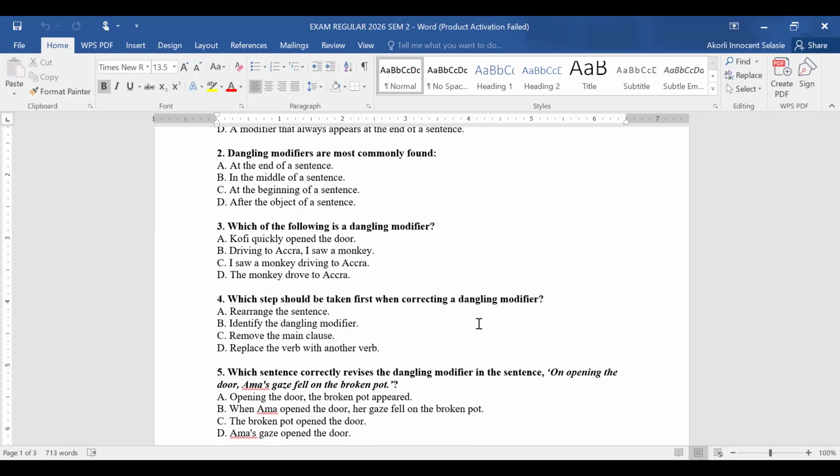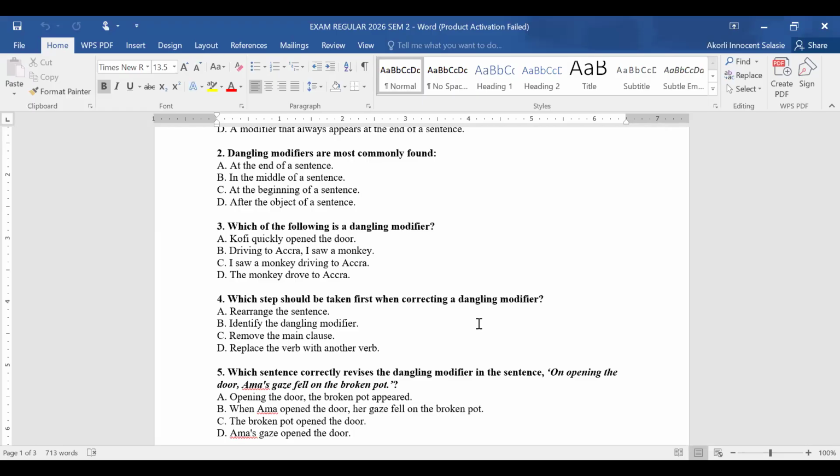Okay. But you see, C is more of a problem than B. When I was teaching this, I said that one of the solutions to the problem is B. Driving to Accra, I saw a monkey, and it was understood that I was driving and I saw.